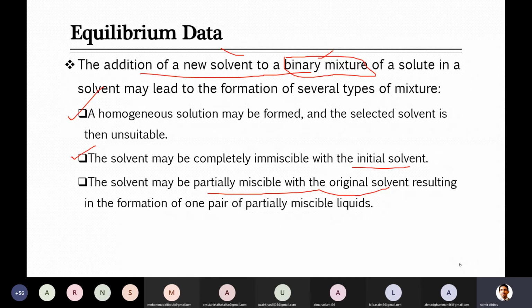That is one industrial example in which you want to get glacial acetic acid, which is 99.8% pure, and in order to get that, we introduced ethyl acetate, the newly introduced solvent, and when it came in contact with the acetic acid and water mixture, the major objective was to take acetic acid away from this feed stream, which was water and acetic acid initially.